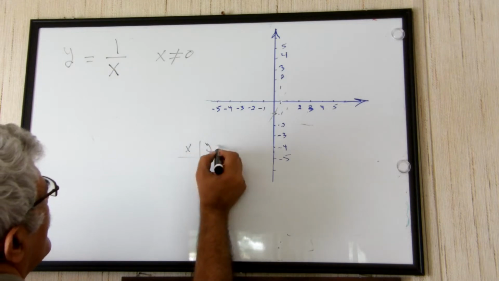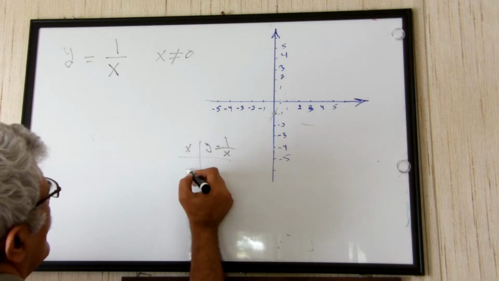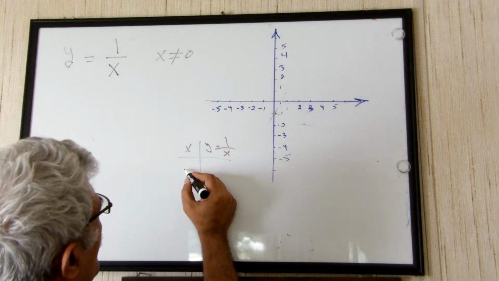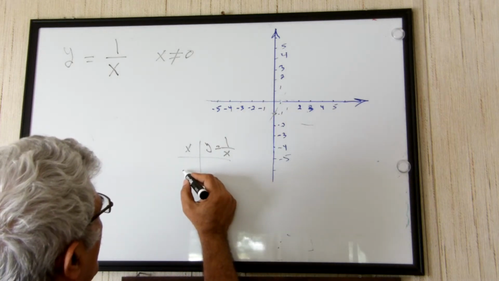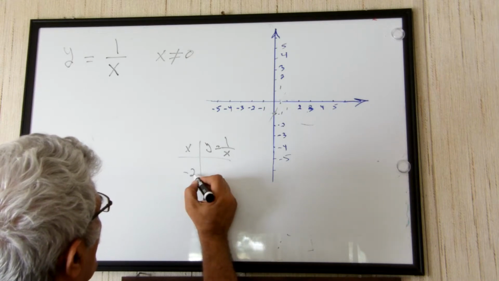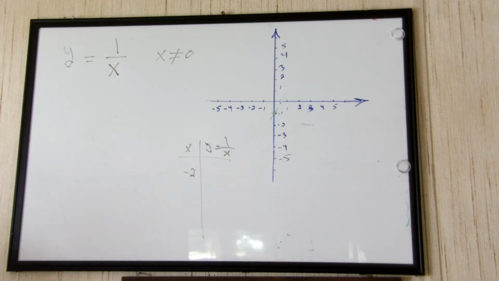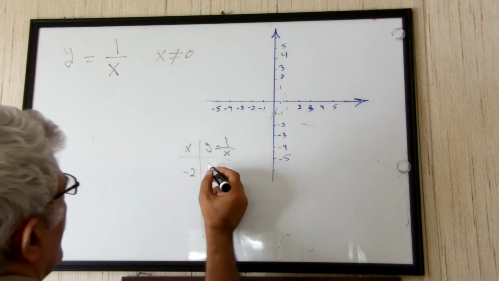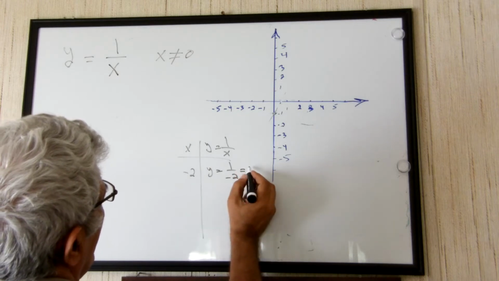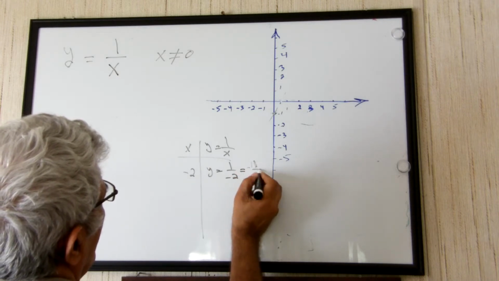y is equal to 1 over x. You give a value to x, like minus 2, for example. What is y going to be? y is equal to 1 over minus 2, it's going to be minus 1 over 2.